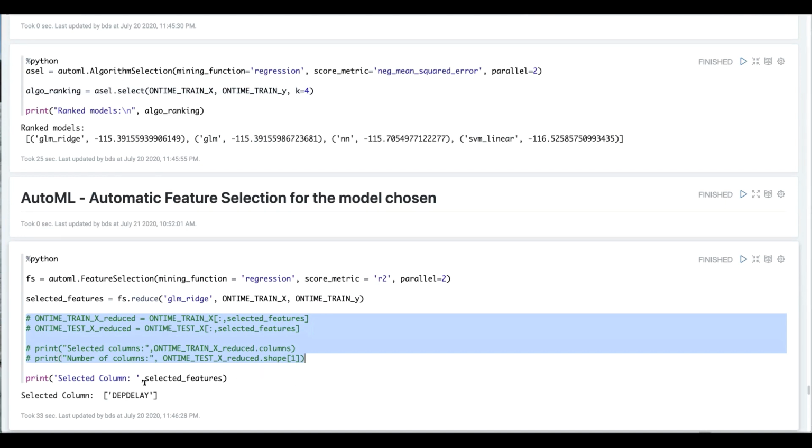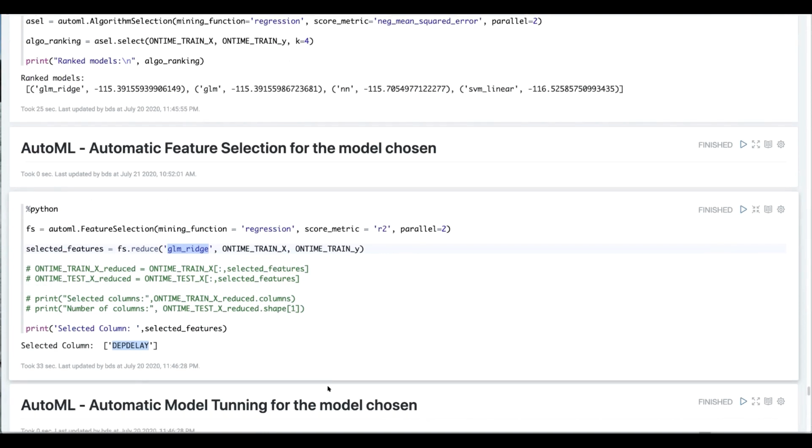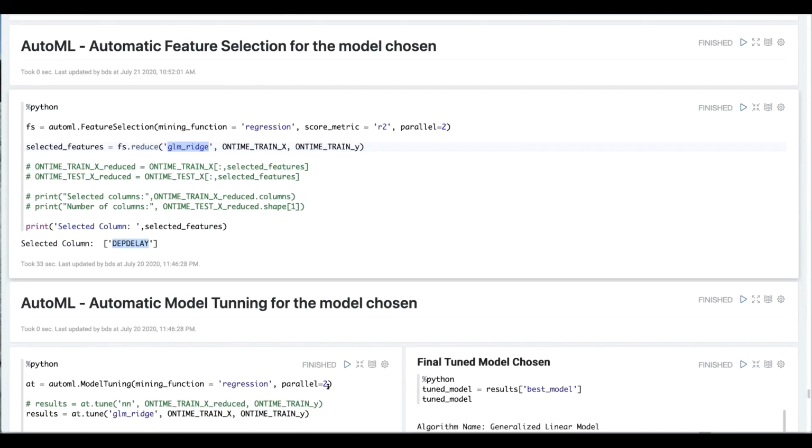But now I'm only showing you that, yes, the model does a reduction, it does an analysis on GLM Ridge, but of course it says, you know what, keep using what you have, because if you don't have any variables, you would only have an intercept, which is a horizontal straight line, which would make no sense. So it says, yes, it's smart to keep using that variable.